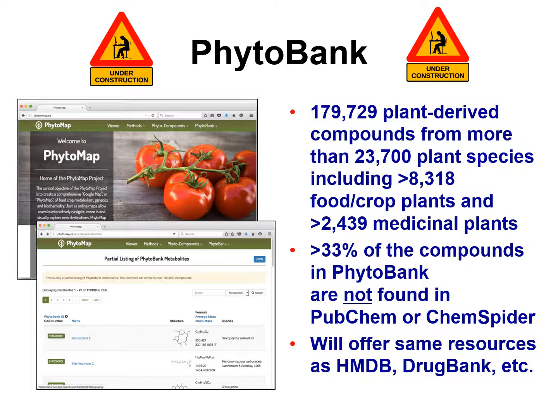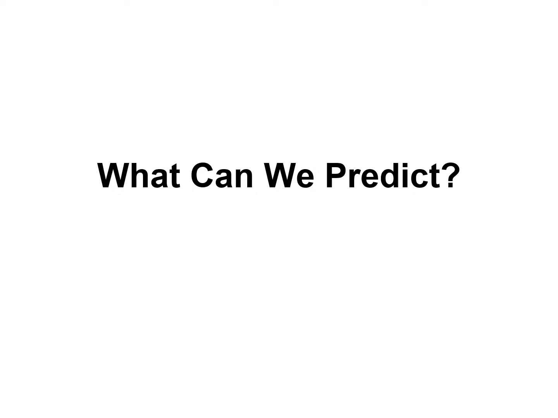Again, many of the compounds that are in this database, which is under construction, are not found anywhere else. So it certainly tells us that there's plenty of compounds that are not in the referential databases that are biologically relevant, that are ecologically relevant, and that we as a community clearly can do better about making sure that those compounds are available. So this represents the compounds that we know, something on the order of 250, maybe 300,000 compounds.